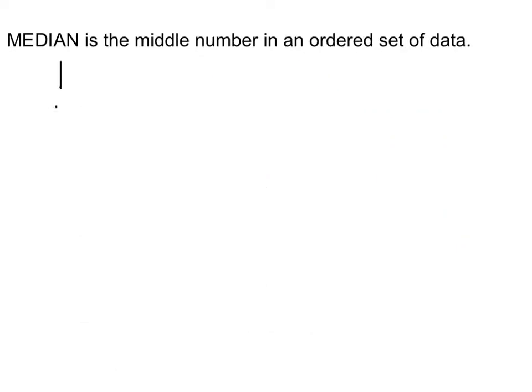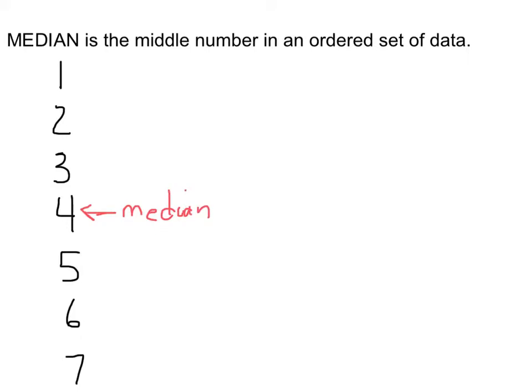A median is the middle number in an ordered set of numbers. If you have an odd set of numbers, as in this case, the median number is just the number that's right up the middle. In this case, the number 4.